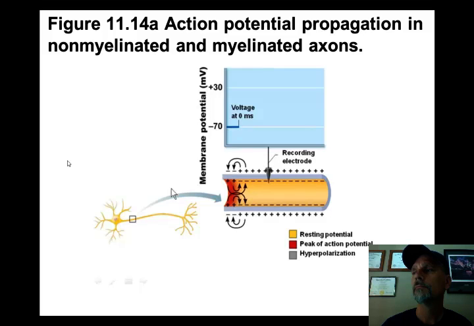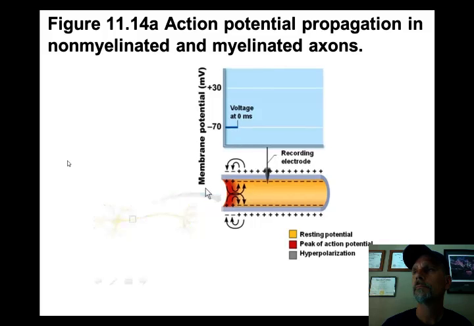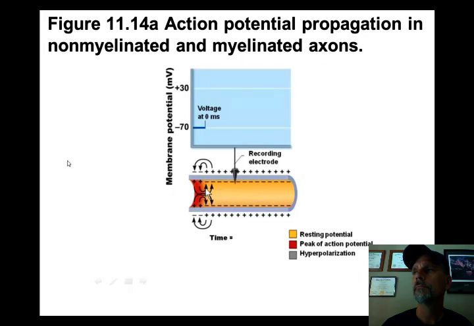In an unmyelinated axon, action potentials propagate in a continuous fashion. To understand how this occurs, we'll focus on a zoomed-in view of a section of the axon. We'll monitor the membrane potential with a voltmeter at a single point and watch as the action potential passes through that point. At time 0, the action potential is in an upstream region of the axon.